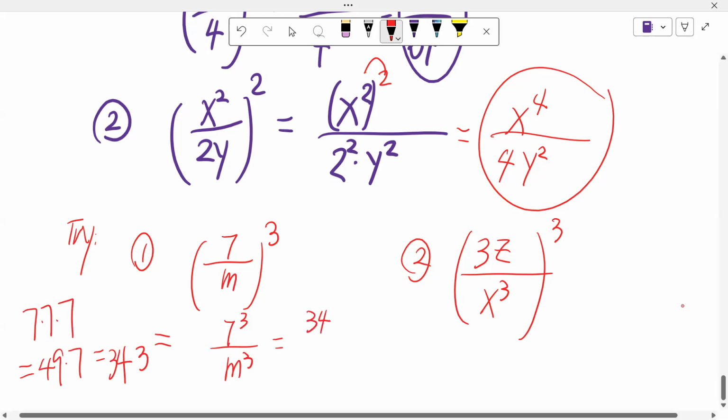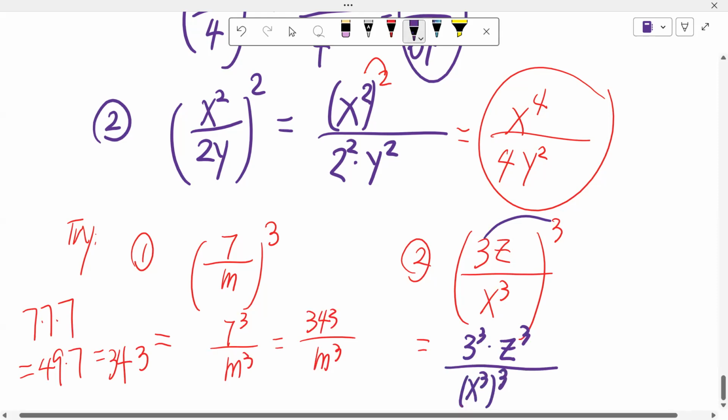So 343 over 11 cubed. Second one, distribute the power. 3 cubed, z cubed. On the bottom will be x cubed to the third power. So 3 cubed is 27, z cubed over x to the 9th. That's how you simplify this.